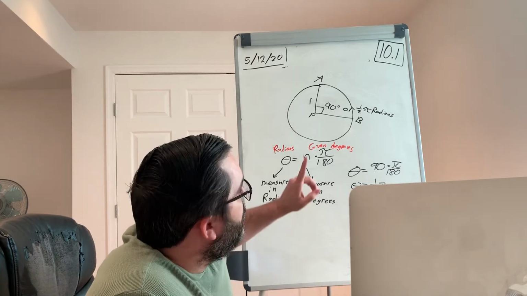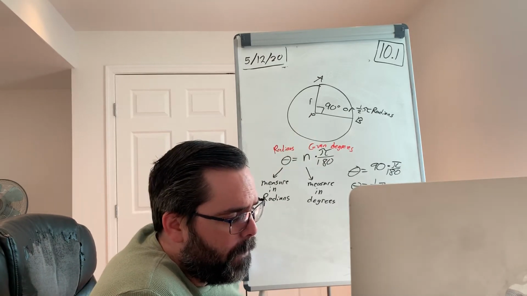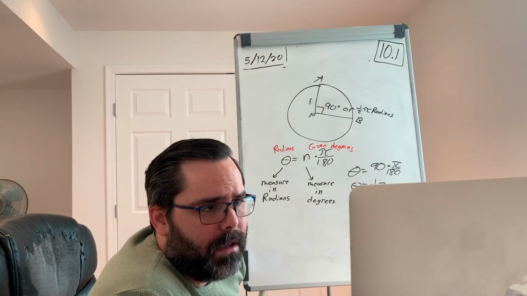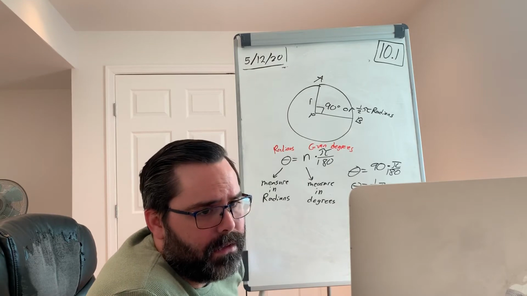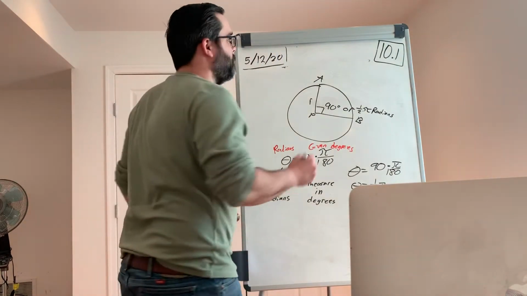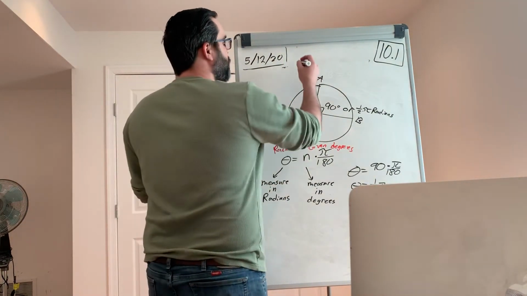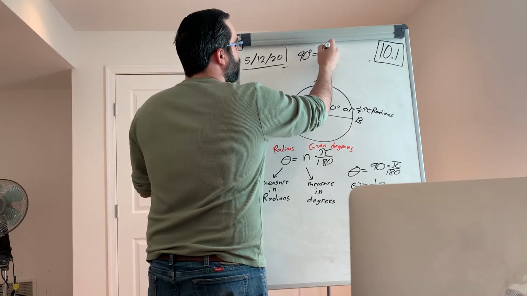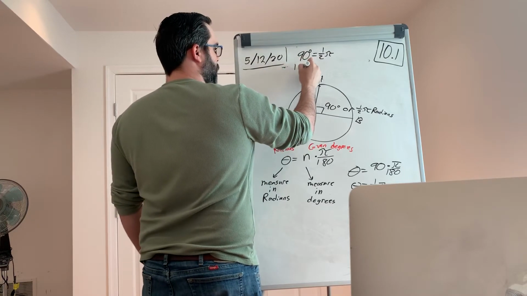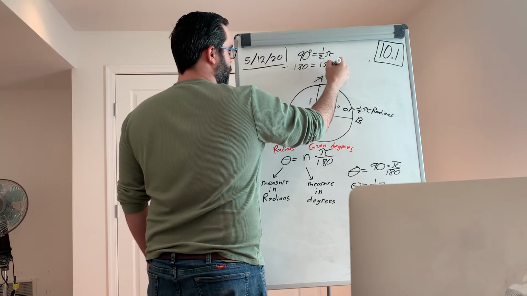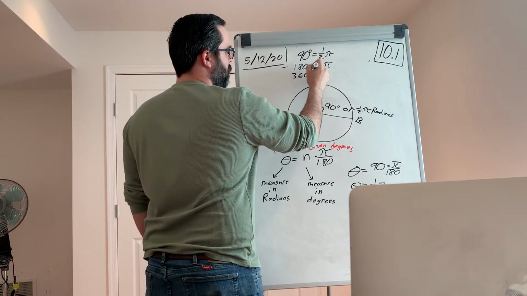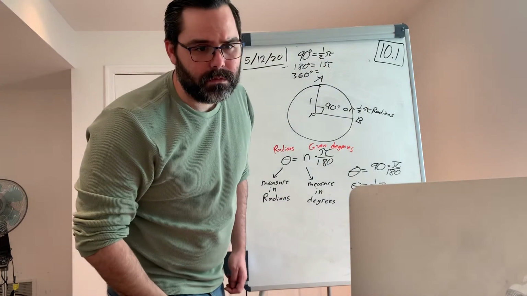All right, so if 25% of the circle is a half pi radian, how much is 180 degrees? Pi, or 1 pi radians. So 90 degrees is 1/2 pi radians. 180 is 1 pi radians. So what would be a whole circle? Two pi. Good.